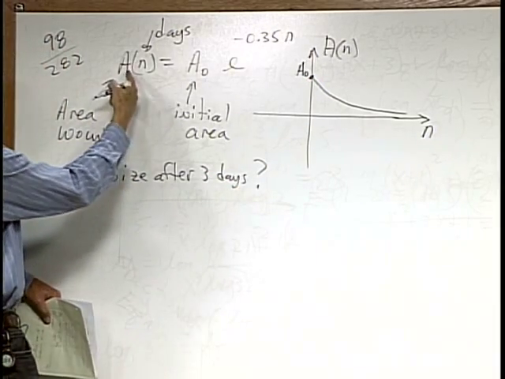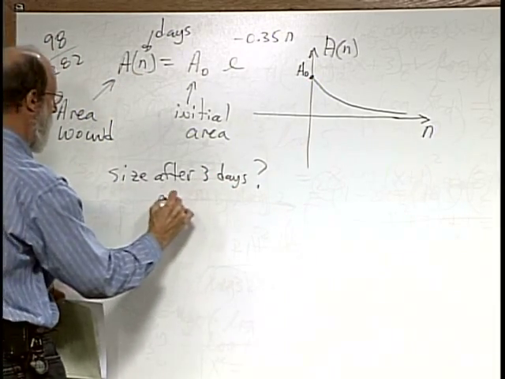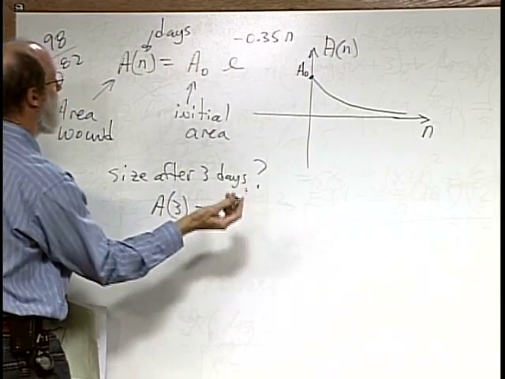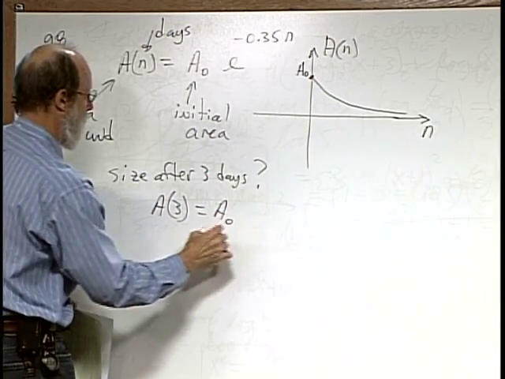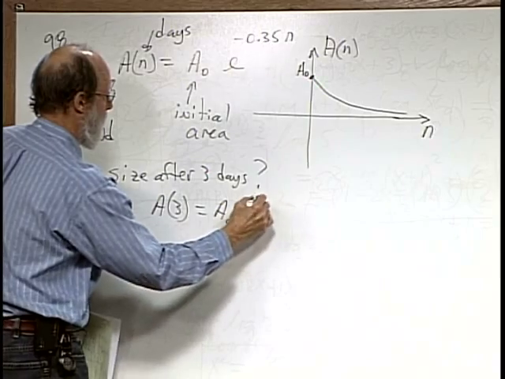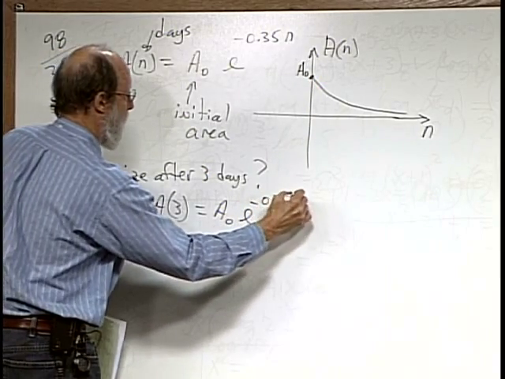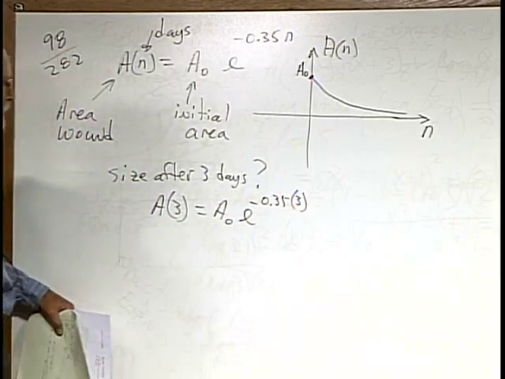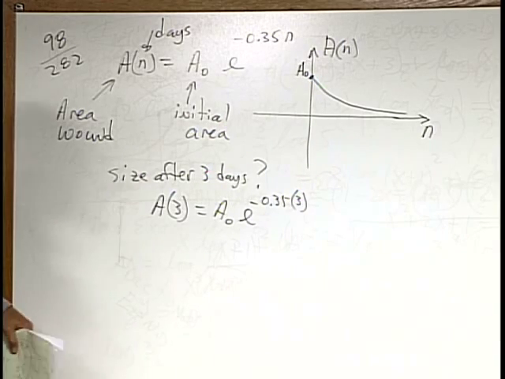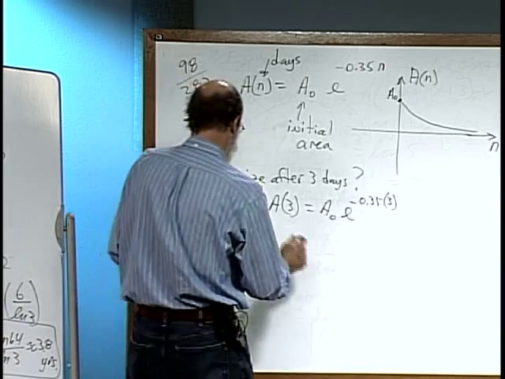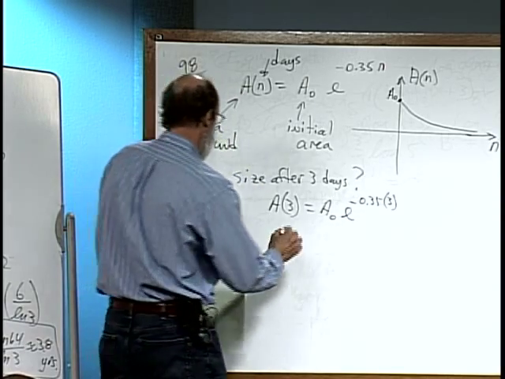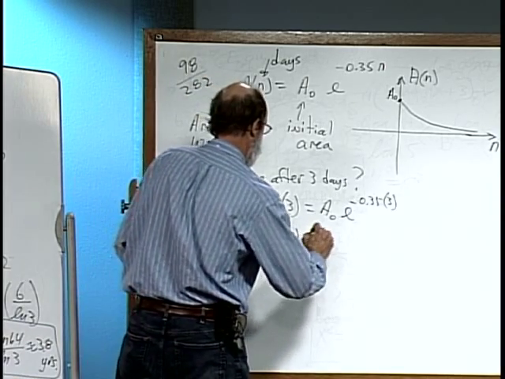And so what we're going to do is we're simply going to put in 3 as the input value. This is really easy. So here's the initial size, e to the minus 0.35, and we put our 3 in there for the number of days. And then we'll punch that on the calculator in a moment. It also asks in part B, what's the size after 10 days?